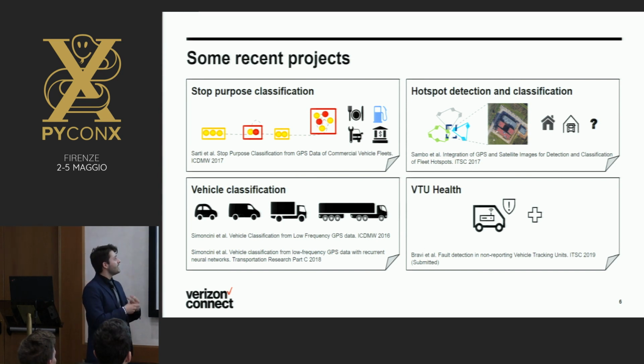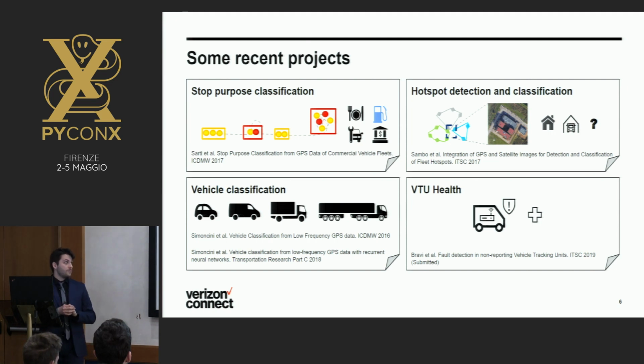The vehicle type classification, which means understanding from the messages which kind of vehicle the unit is mounted on, a car, a truck, a bus, and so on. And one of our latest works is the VTU health automatic detection, which means taking a look at the pattern of messages sent lately and detecting if there is some kind of problem or fault on the VTU itself.